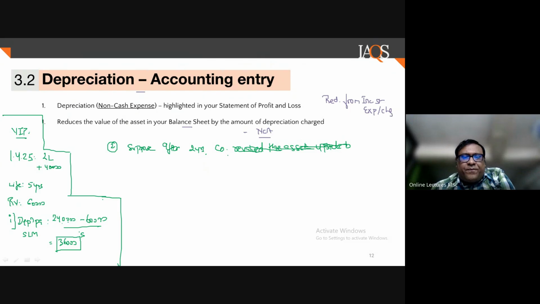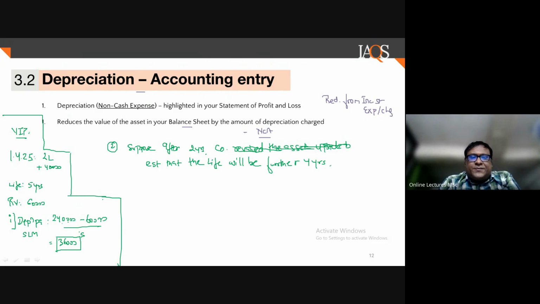The company estimates that the life will be a further 4 years. Initially when you purchased, you estimated the life was 5 years, but 2 years have passed and you now believe the life will be 4 years.